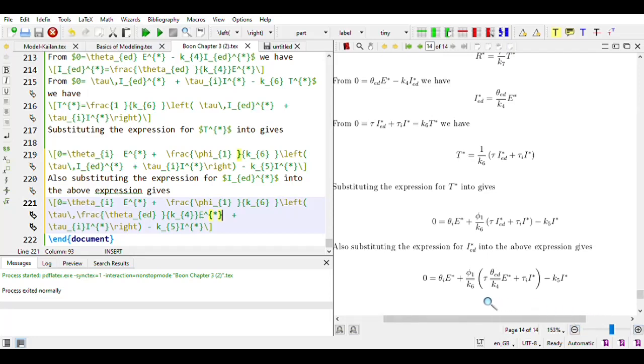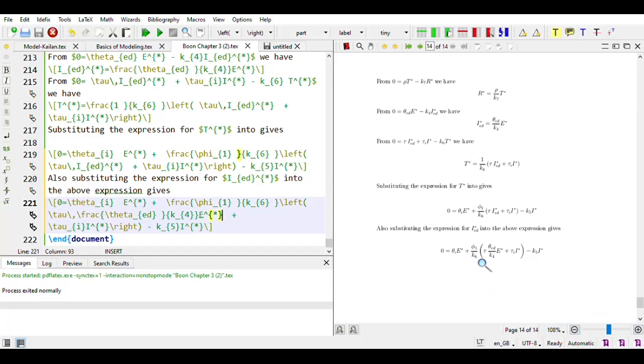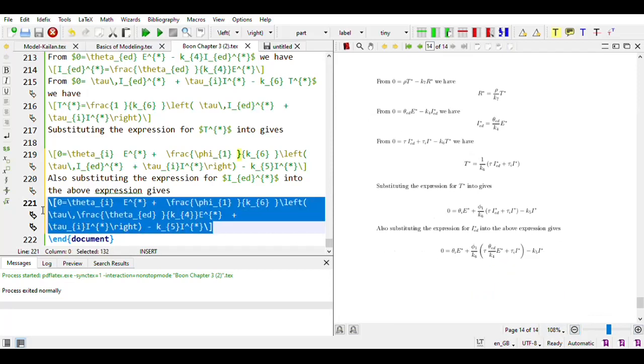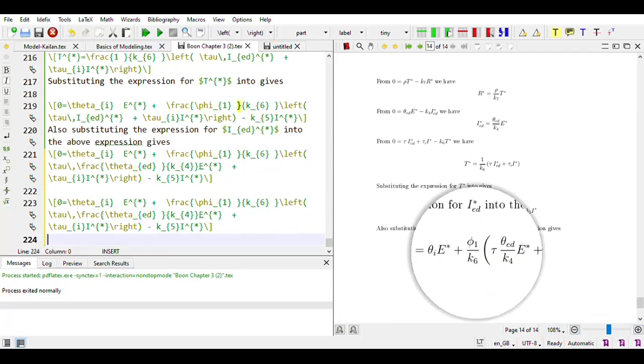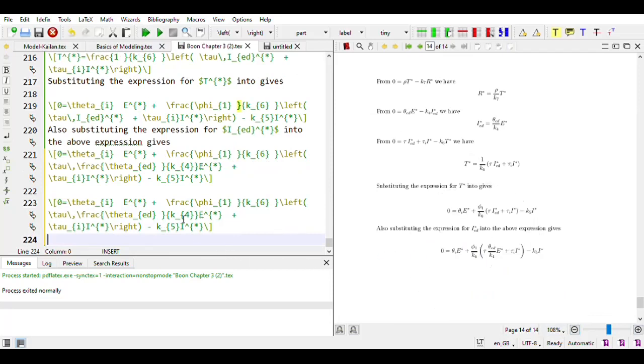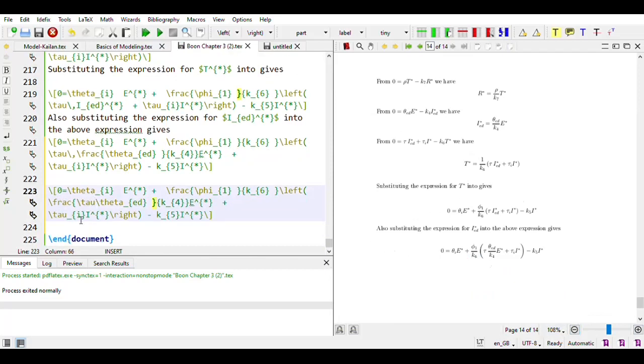So we can see that we can now find I star in terms of E from this expression. Okay, first of all, we need to be able to group lifetimes and do whatever we want to do. So I copy this one, and I can do further simplification. I'm going to have this multiplying that, so I'm going to have the tau, where the tau is here going up to join the theta_ED, right?